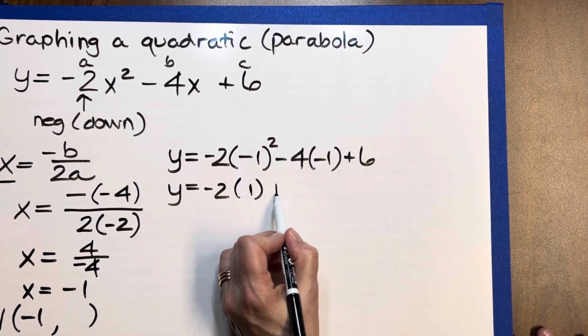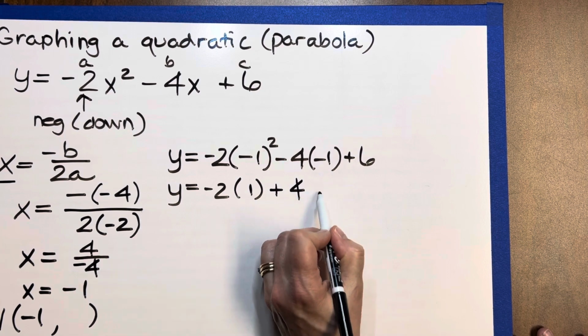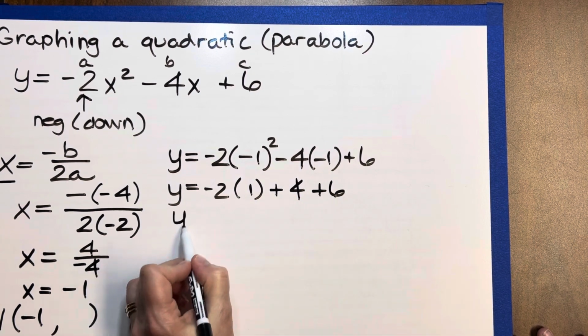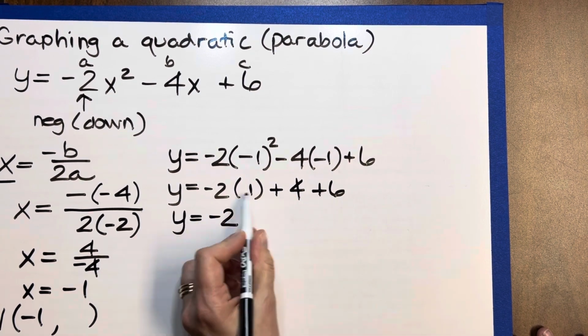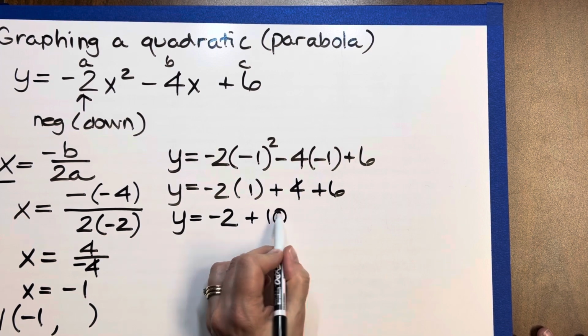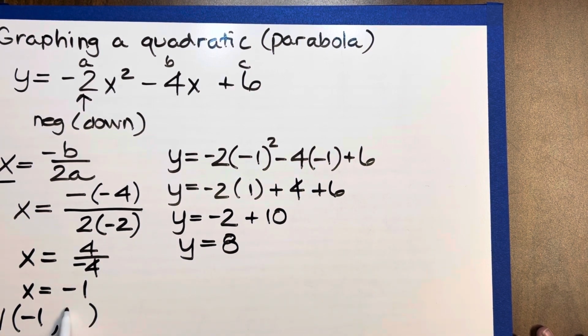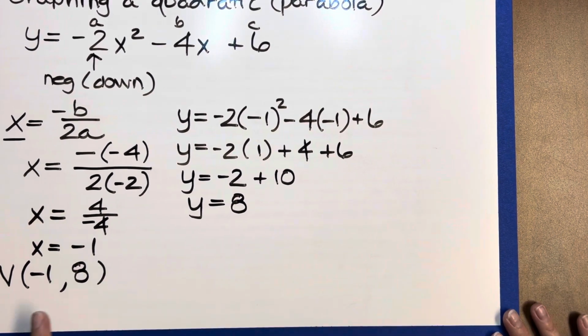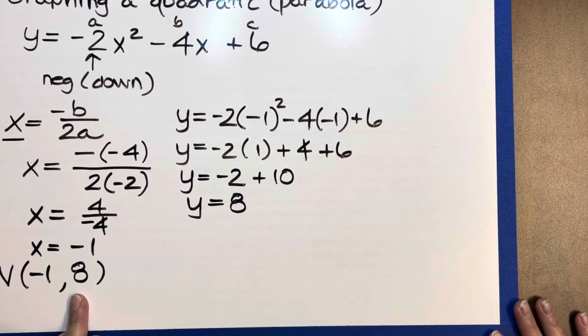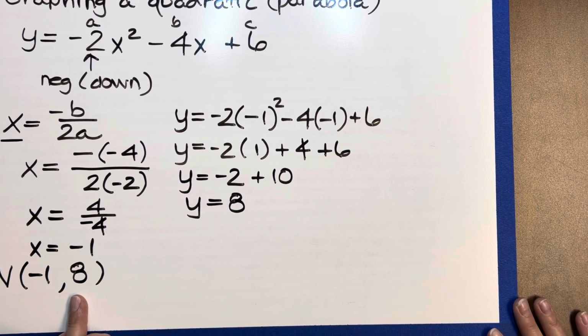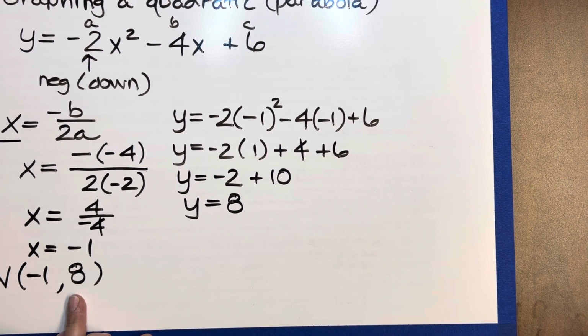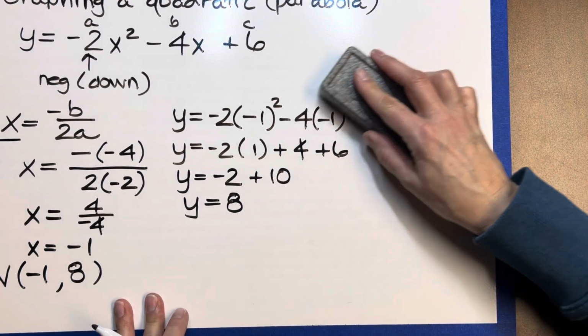Negative 4 times negative 1 is a plus 4, and then my plus 6. So I have negative 2 here, plus 10. So y is equal to 8. So the y value of my vertex, I'm going to substitute down here, is 8. So I have my vertex, and that's one specific point that we would want.